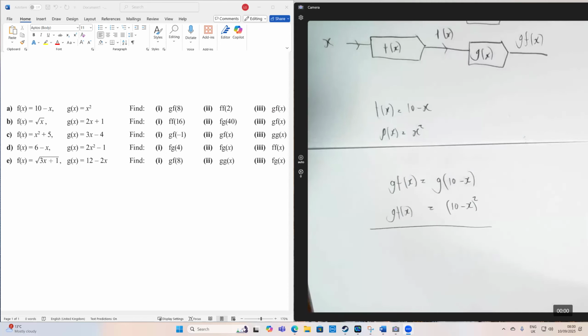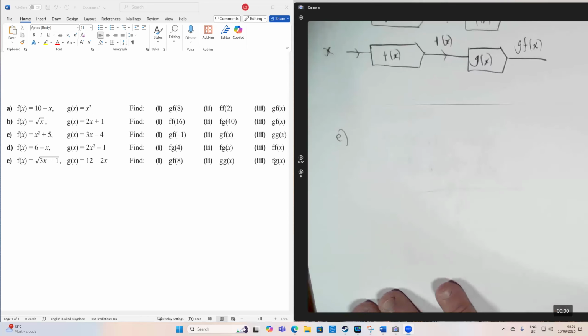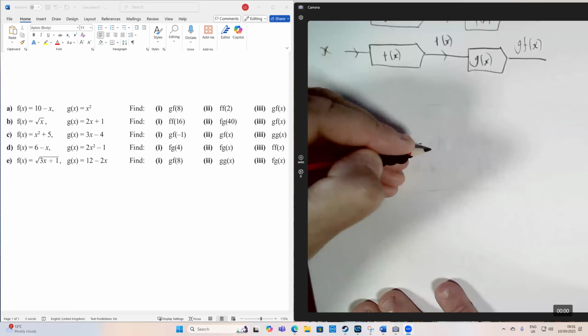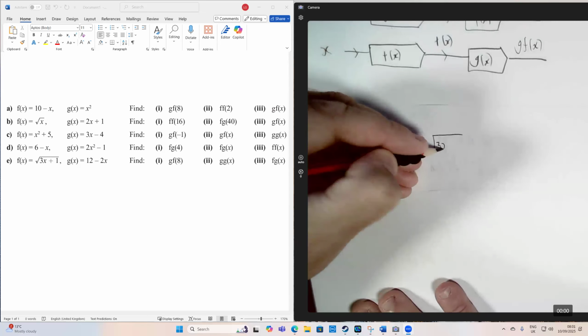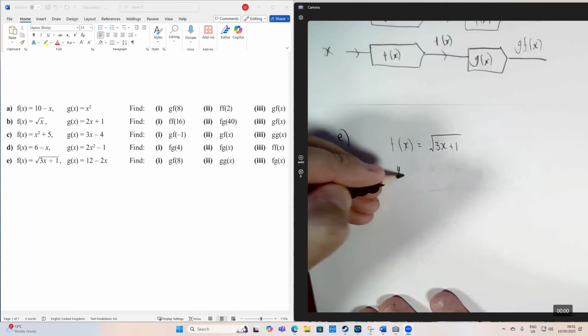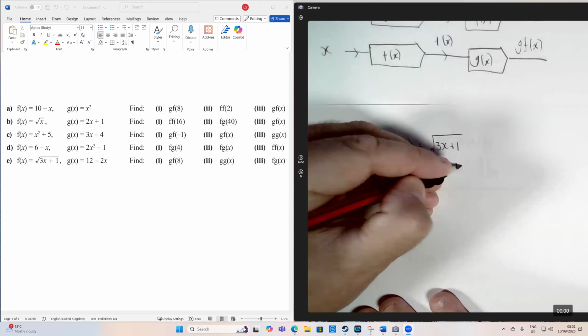Let's do e, okay, so we're going to do e, and this time these are the sort of like introductory ones. In e, our function f of x is equal to the square root of 3x add 1, and our g of x is equal to 12, this time minus 2x.